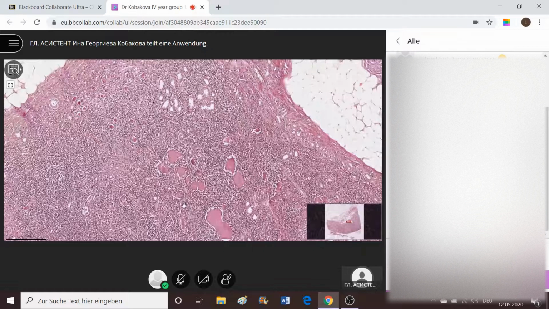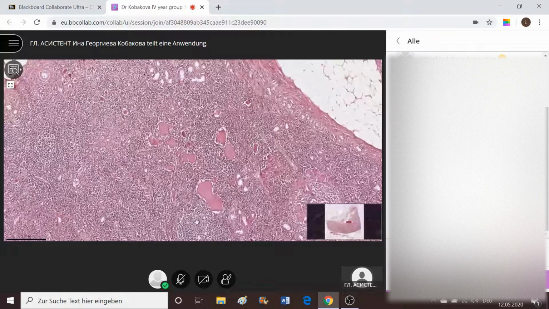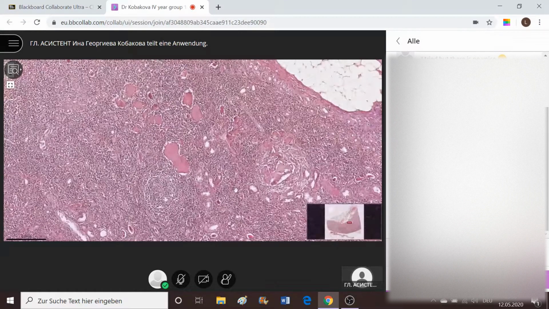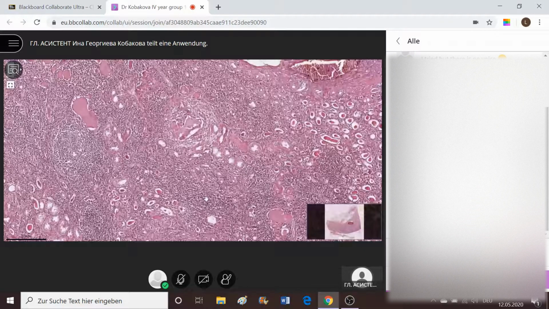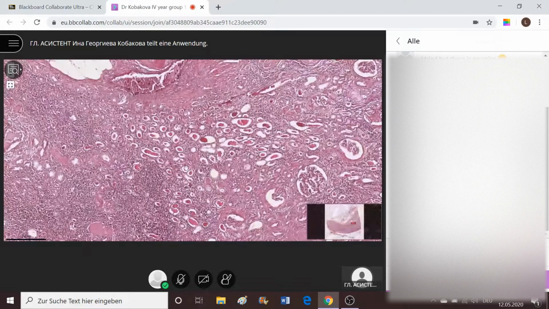Protein casts are deposited inside the remnant tubules, which is normal for such a type of damage in the glomeruli and in the kidney in general. Lots of proteins inside also, which is marked as stromization, as I mentioned in the practical.